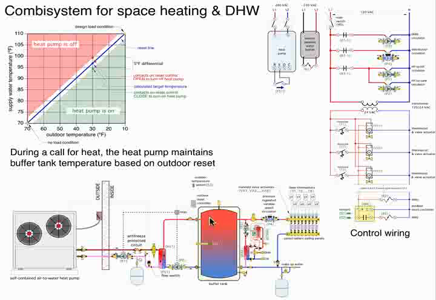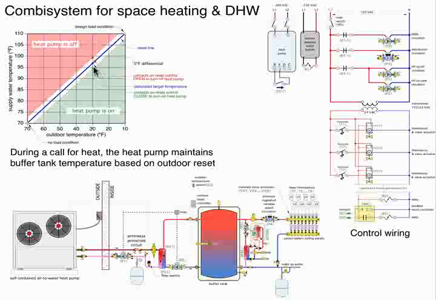The temperature in that buffer tank is being monitored by an outdoor reset control. And the outdoor reset controller is set up to operate on this blue line here. What it does is it determines how warm that tank gets based on how cold it is outside. If it's a design day outside, we might get up to 110 degree water temperature in that tank.